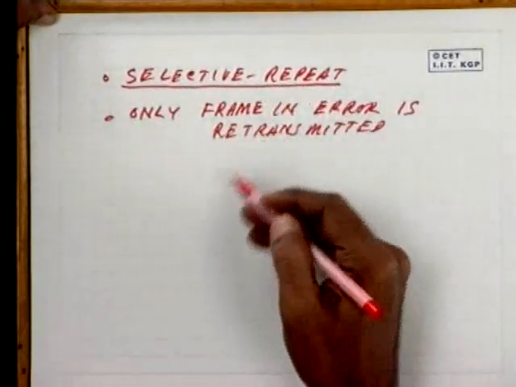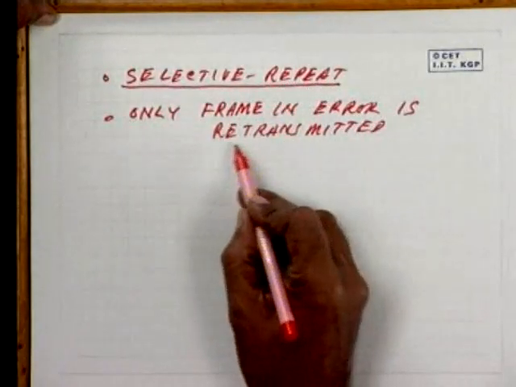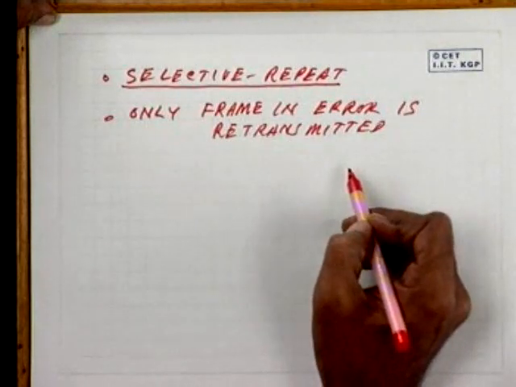As a consequence, it is more efficient than the go back N ARQ, because in go back N ARQ efficiency decreases in case of error. When there is no error, it sends continuously, but when there is error, efficiency degrades. But in selective repeat ARQ, the efficiency is improved by retransmitting only the frame in error. Now, what is the extra overhead for this?